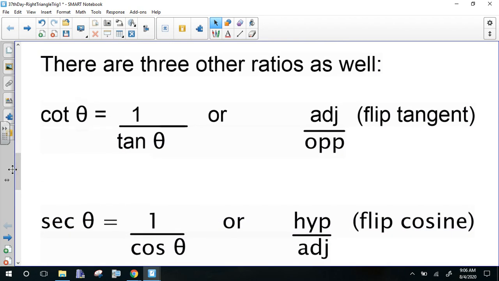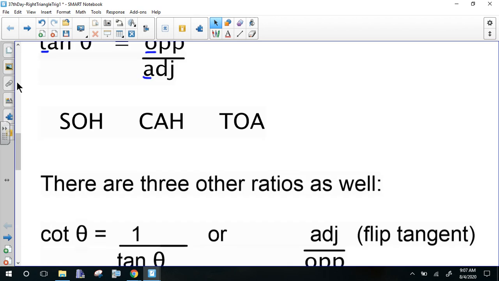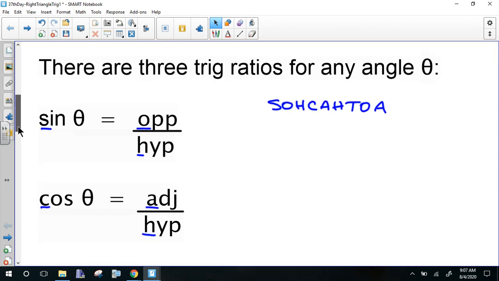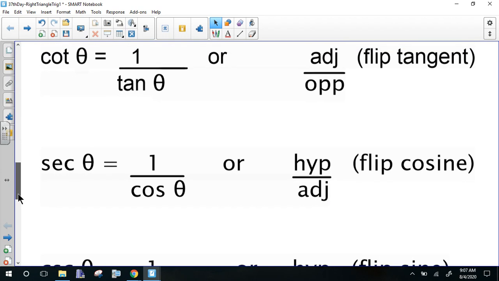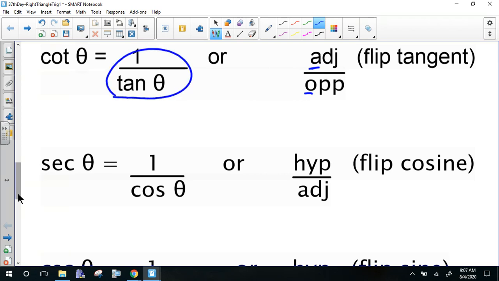There are also three other trig functions, which are the reciprocals of sine, cosine, and tangent. Cotangent, you just flip tangent. It's going to be adjacent over opposite, or 1 over tangent. It's the reciprocal.